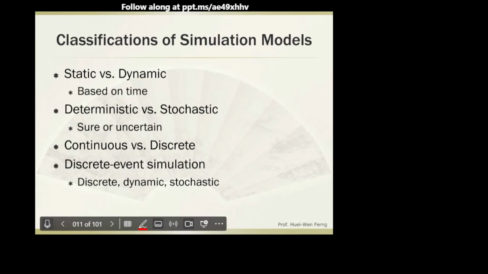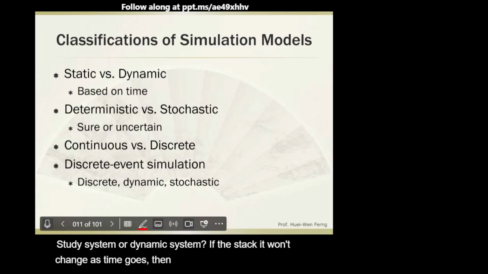For the system, we know we can have discrete or continuous, and in fact, we can have static or dynamic. If the state won't change as time goes, then it's a static system. Otherwise, we have a dynamic system.